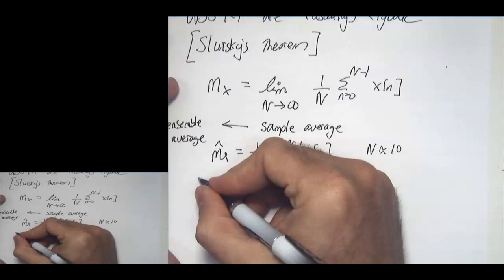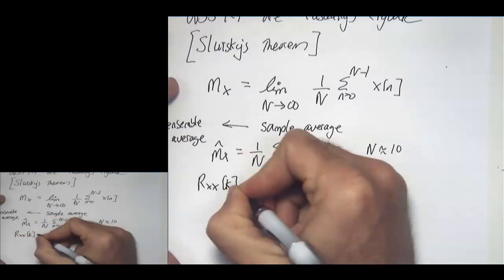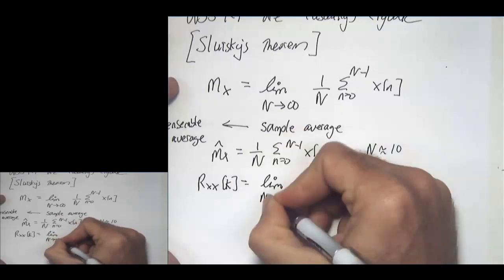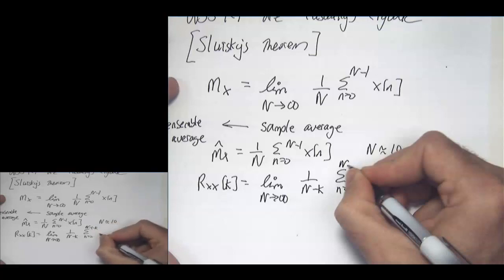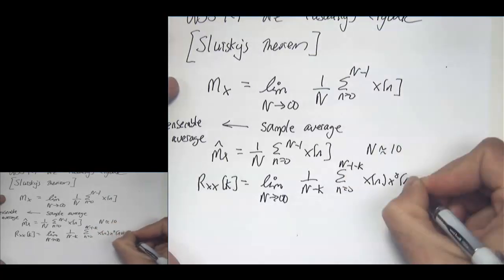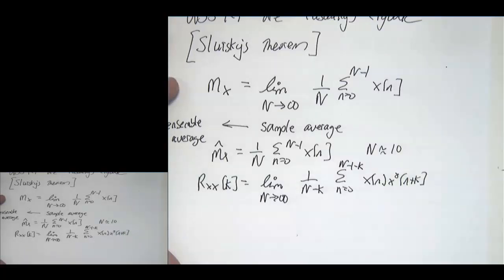For second-order ergodic processes and large numbers of samples, the estimator 1 over n minus k, sum from n equals 0 to n minus 1 minus k, x of n, x conjugate of n plus k, converges.